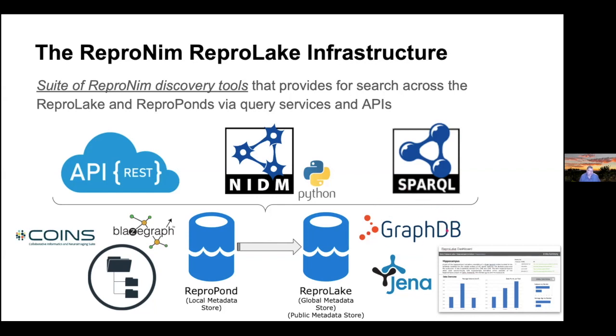For example, locally, there are things such as Blazegraph, which NIDM works with, and I'll talk a little bit more about that down the road. And then, for the ReproLake, what we're using right now is GraphDB, but there are potentially other solutions that we might move forward with as well.